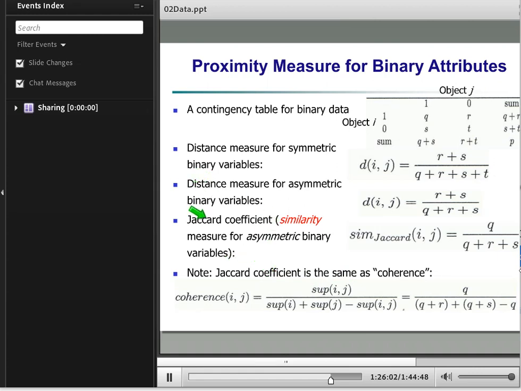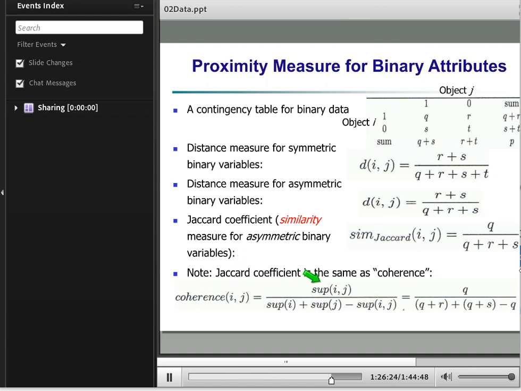The Jaccard coefficient is very interesting. It works for both symmetric and asymmetric variables. And look at this equation. The Jaccard coefficient is the same as coherence.